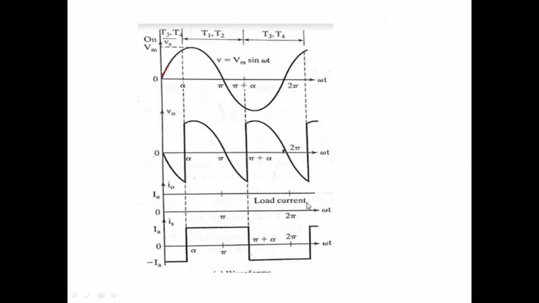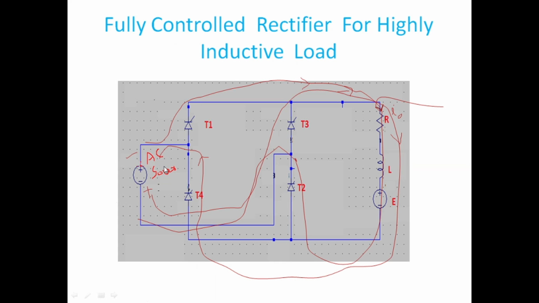Next, we need to talk about source current. Assume that from here onwards I write an arrow like this and I call this the source current IS. This is my arrow, meaning I am measuring source current with respect to this arrow.